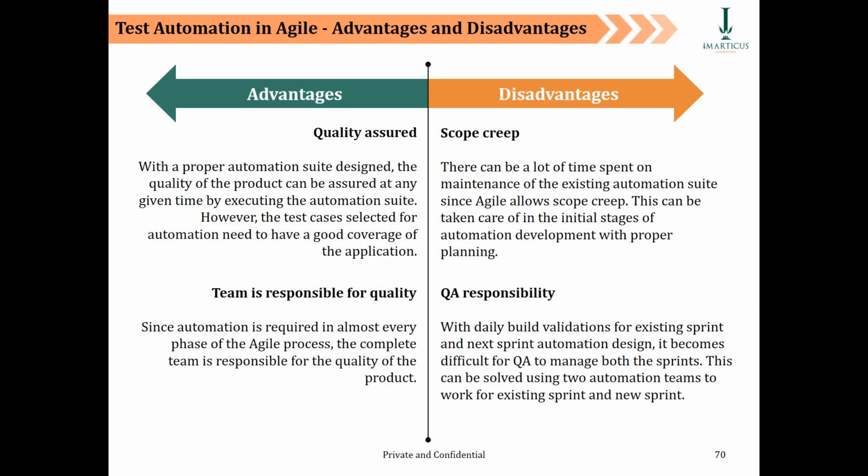So, continuing advantages of test automation: we have assured quality. And since automation is required in every phase of the Agile process, it obviously becomes your team's responsibility to maintain that kind of quality for the product.